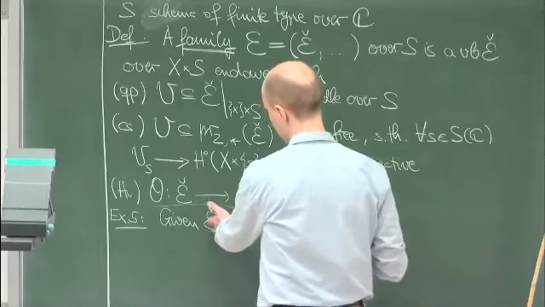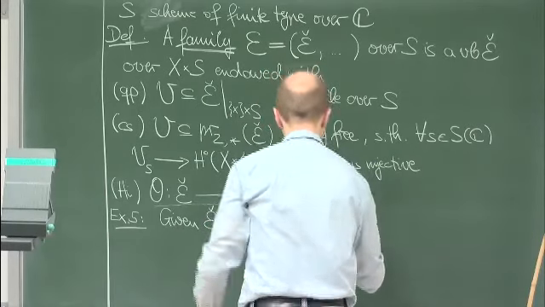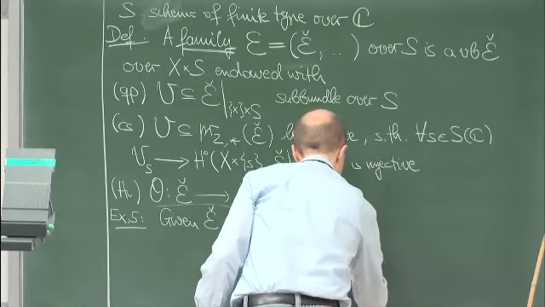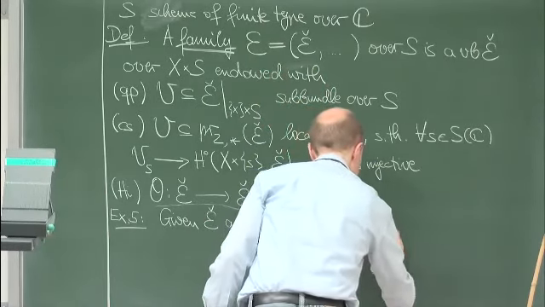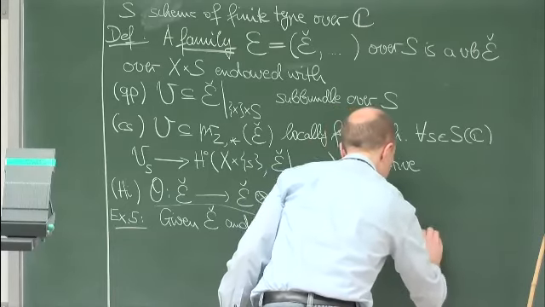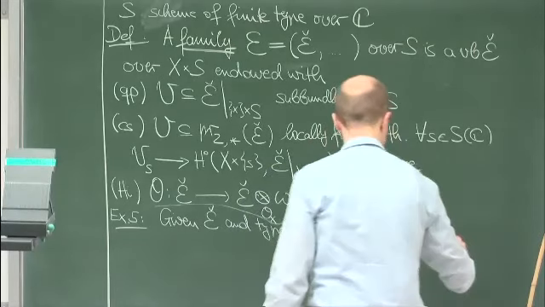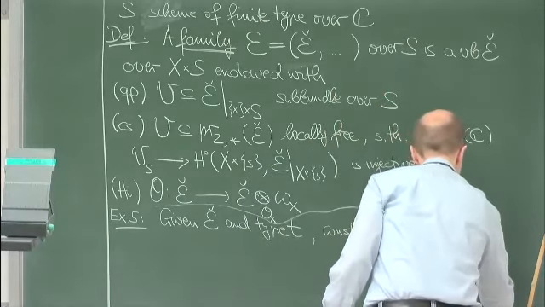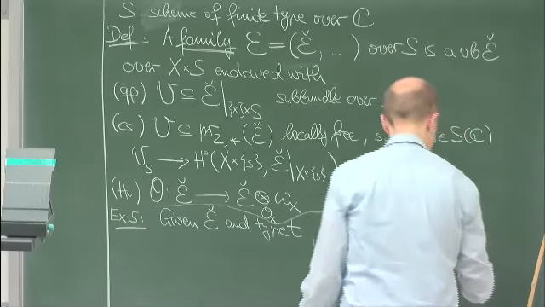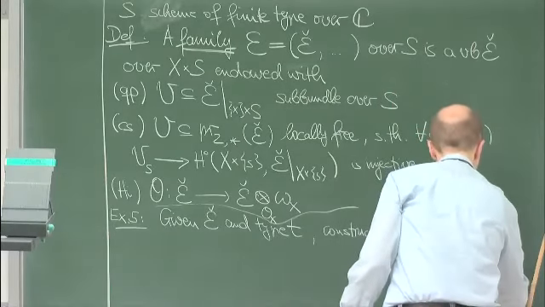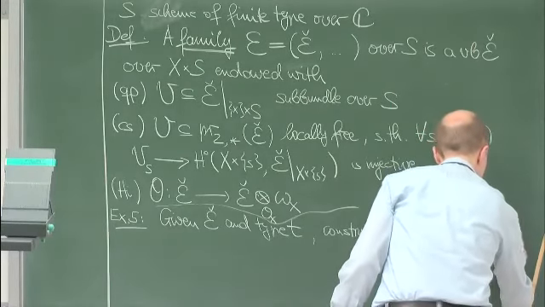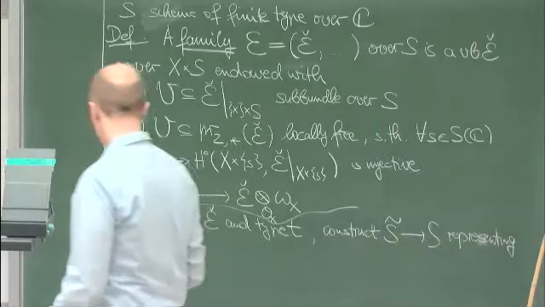So S is given, the parameter scheme is given. And the exercise is to construct a scheme of finite type over S, S tilde, which represents the following functor.